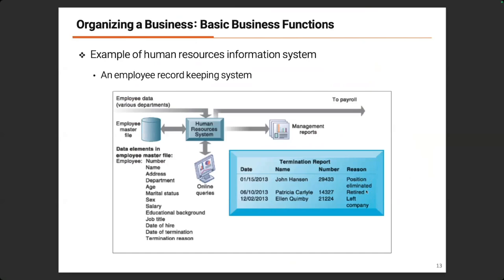Some of the employees are retired, some of the employees left the company and were hired by another company, and for some of the employees, their positions were eliminated. These kinds of reasons are very important to manage the human resources.